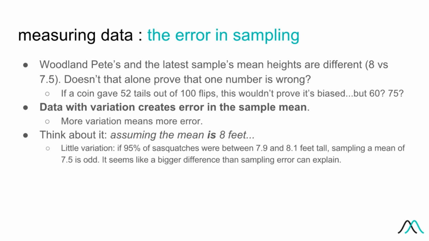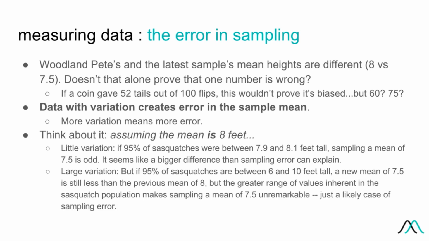In a case with little variation, let's say 95% of Sasquatches are between 7.9 and 8.1 feet tall, all very close to the mean of 8. Then, if we obtained a sample mean of 7.5, it's odd, because this is way outside of the natural variation in heights and seems like a bigger difference than the sampling error could explain alone.